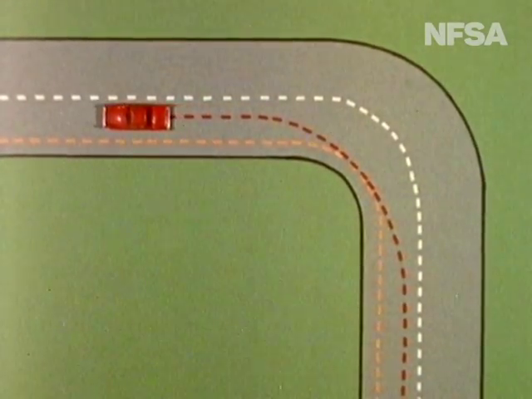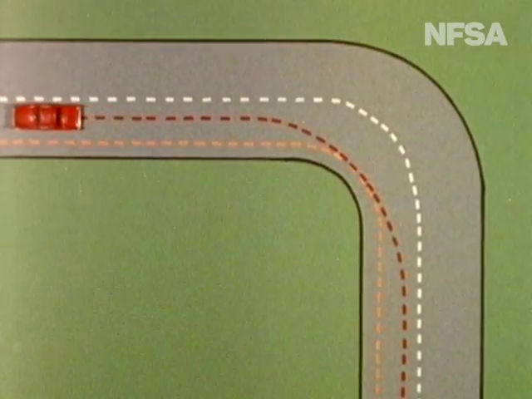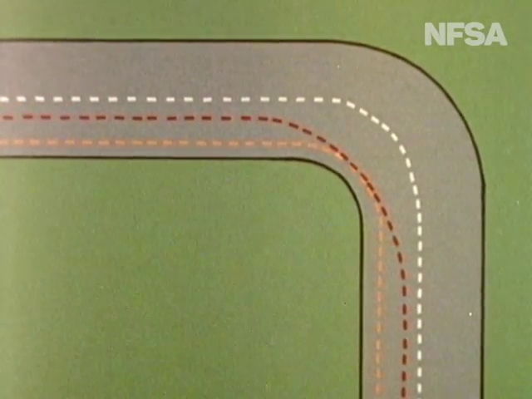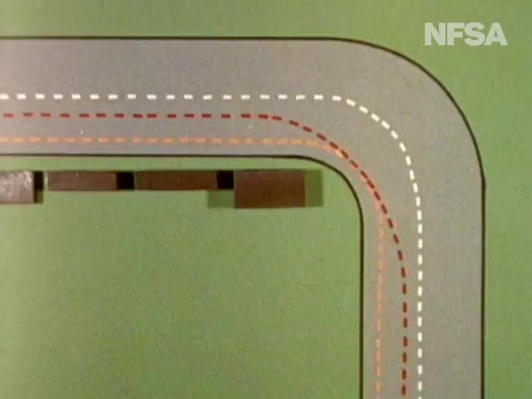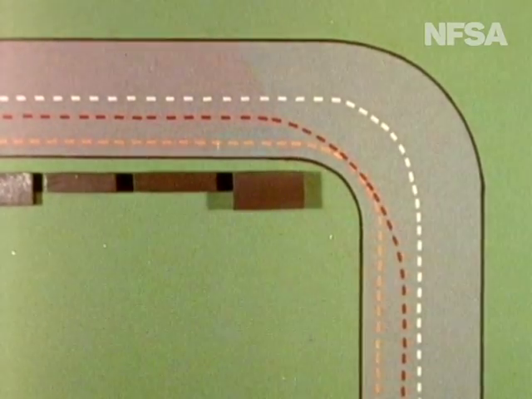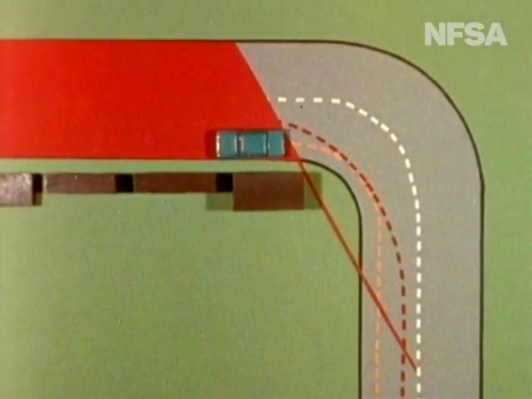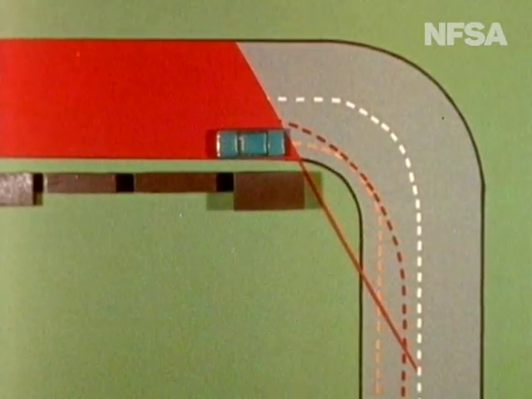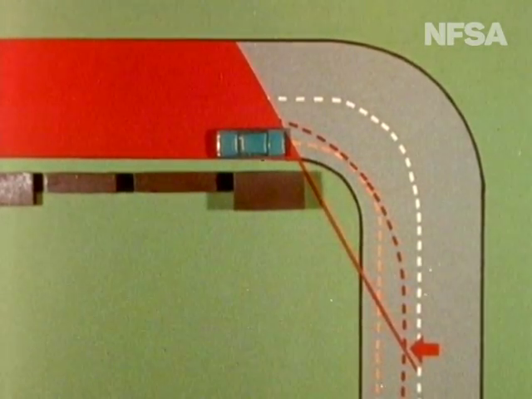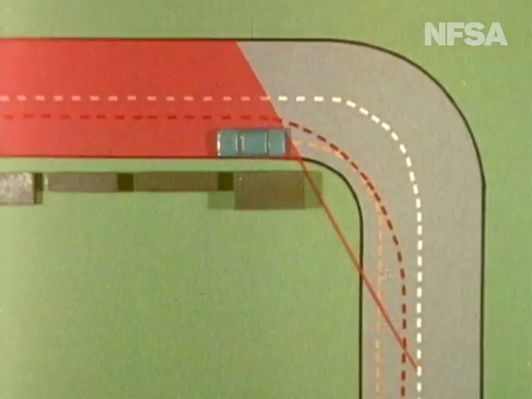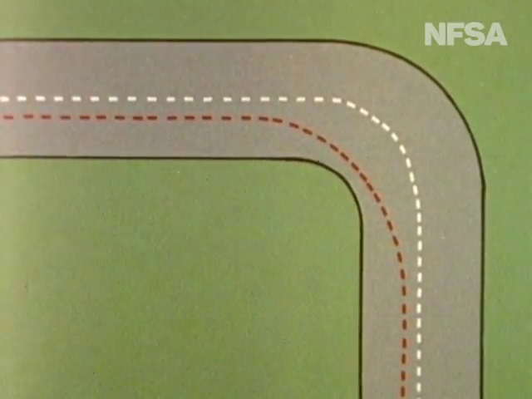Now we're taking the smooth line instead of the tight turn. If buildings or walls block our view around a corner, by taking the wider line, any obstacles can be seen much earlier. The line of vision from the obstacle cuts the wider line much earlier than the tighter line, thus giving us more time to take evasive action.